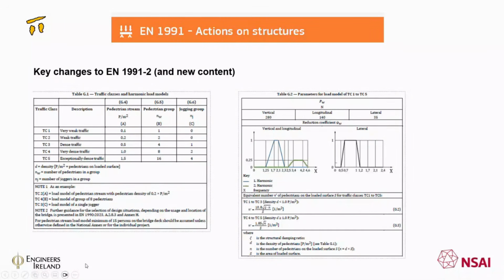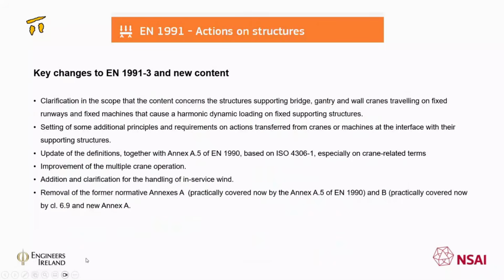EN 1991 Part 3 is actions induced by cranes and machinery. So there's clarification in the scope of that. It sets some new additional principles and requirements and actions transferred from cranes and machines at the interface with their supporting structures.